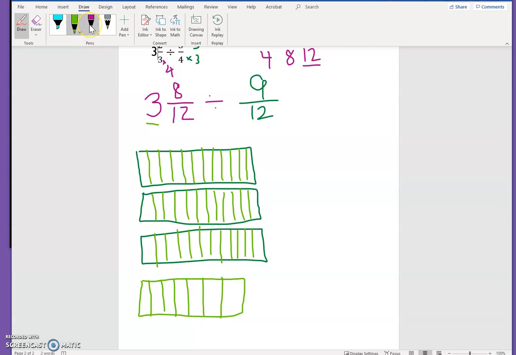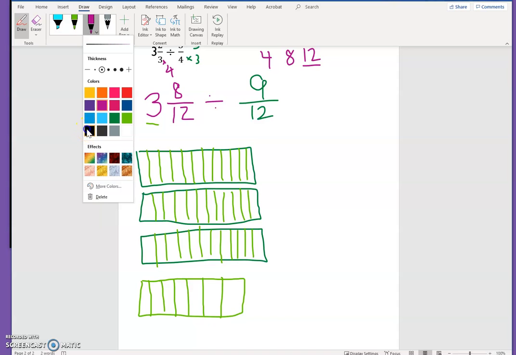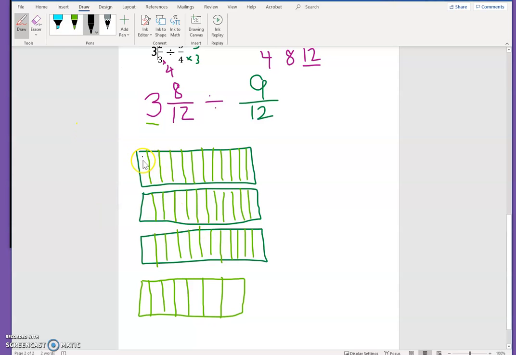And then I'm going to count out groups of 9/12. For this one, I'll put my numbers inside so you can see. So 1, 2, 3, 4, 5, 6, 7, 8, and 9. So this will be my first group. Okay, and then you just keep counting out again.